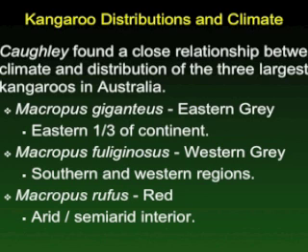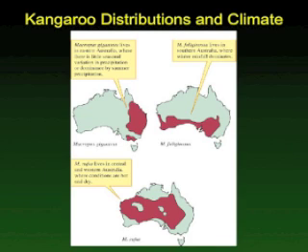And then the red kangaroo was distributed more in the central part of the country, where the conditions were kind of hot and dry. So the physiological characteristics of these different species allowed them to survive more effectively in different environmental conditions. And so their niches were somewhat different, and they divided up the continent based on that.